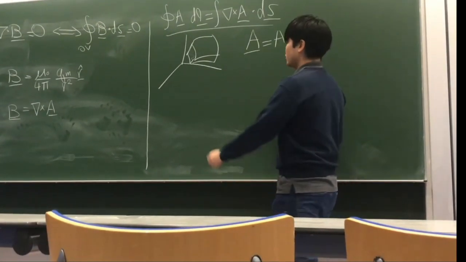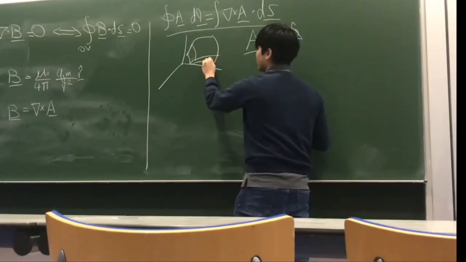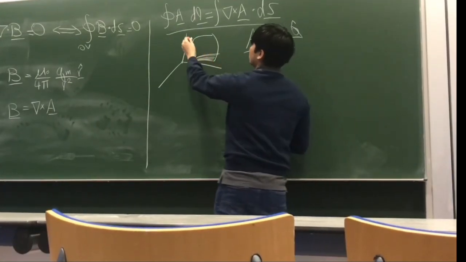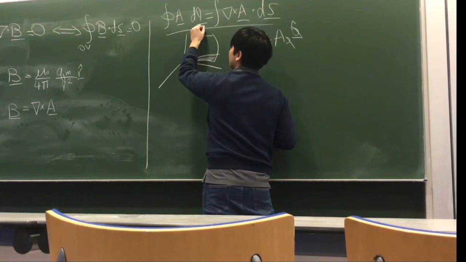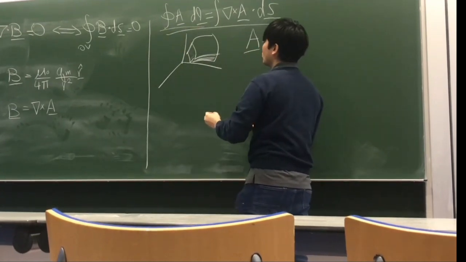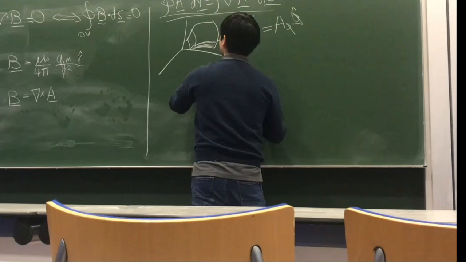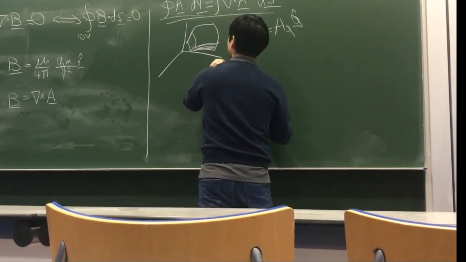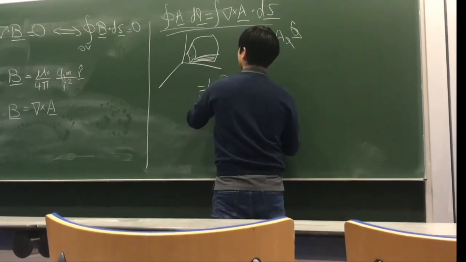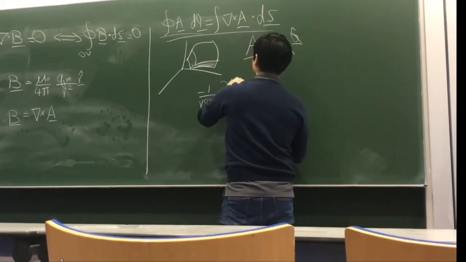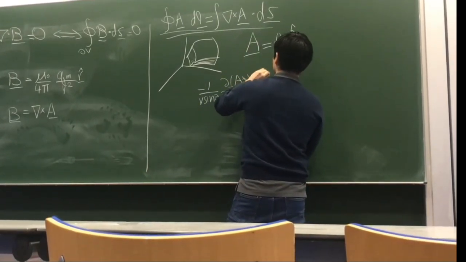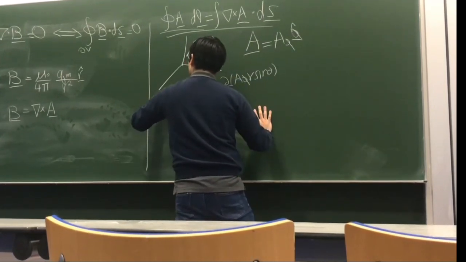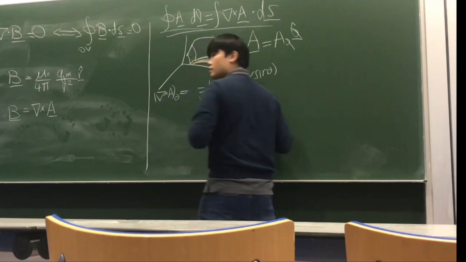The other component is this thing. This is the surface of constant theta. And then if you do the same calculation, you compute this thing, you will get minus that, which is the curl in the theta direction.